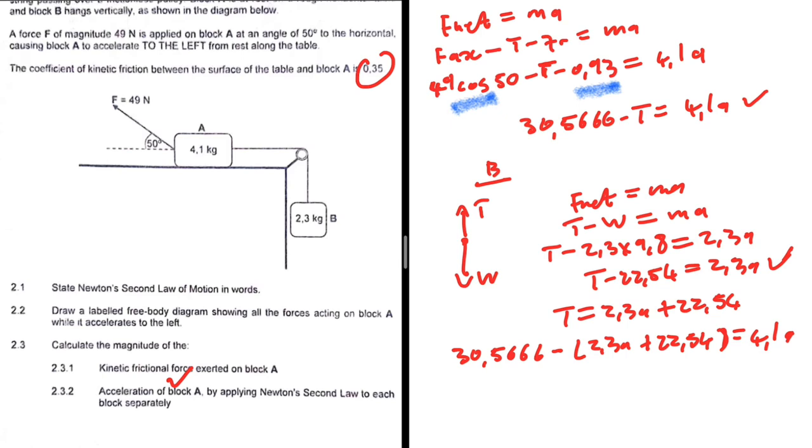So 30.5666 minus 22.54 is 8.0266, and it is equal to 4.1a plus 2.3a. This is 6.4a. So a is equal to 8.0266 divided by 6.4, and this is equal to 1.25 meters per second squared.